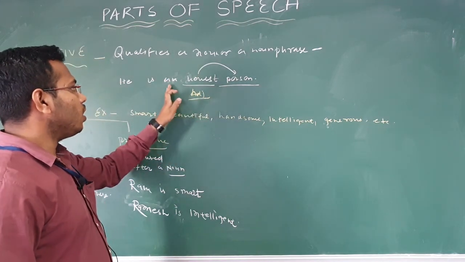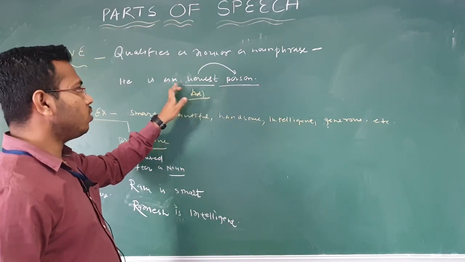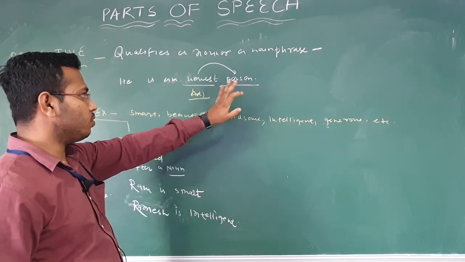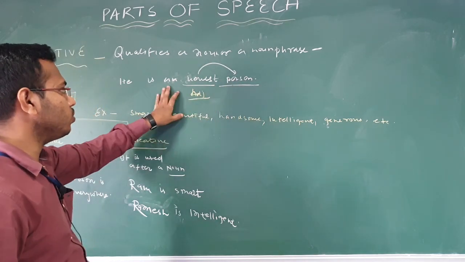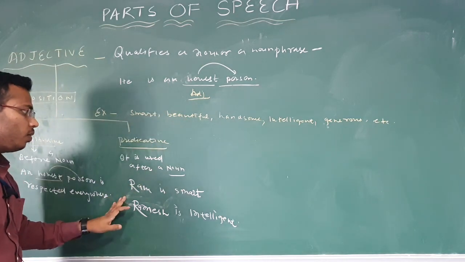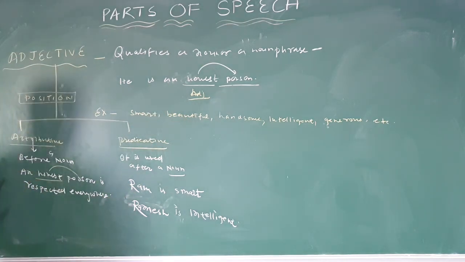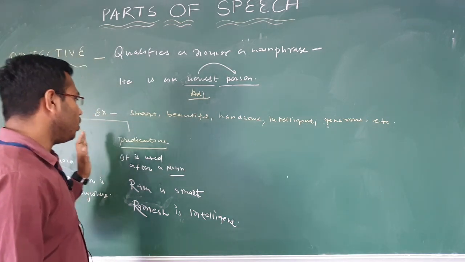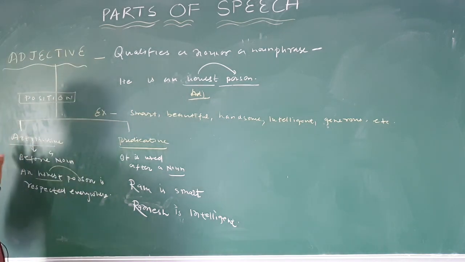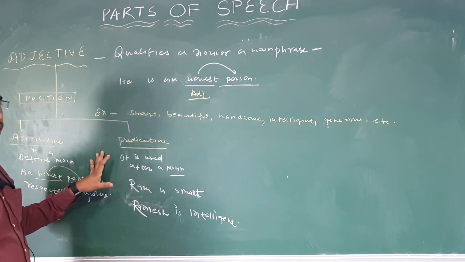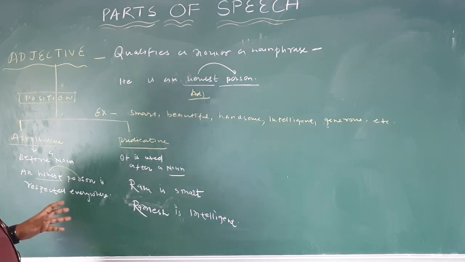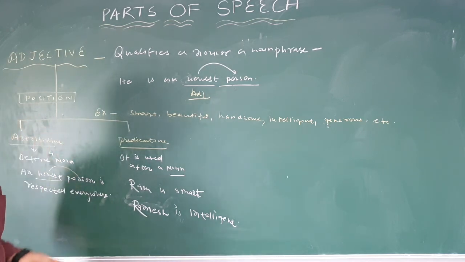Here the article an is coming not for the adjective honest but for person. If person is not there, then we will not use an article. So adjectives are used in two ways, attributive and predicative. Now you can take the screenshot and we will describe some types of adjectives.